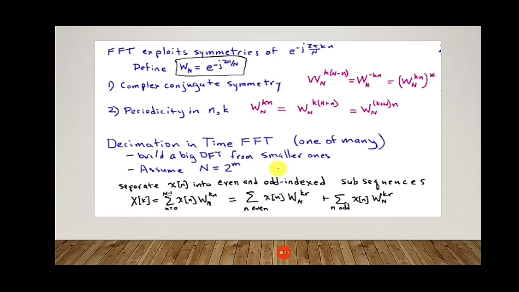Now, what we do is we break the DFT equation into odd and even parts. We separate the summation by taking even parts of x[n] together and odd parts of x[n] in a different summation.